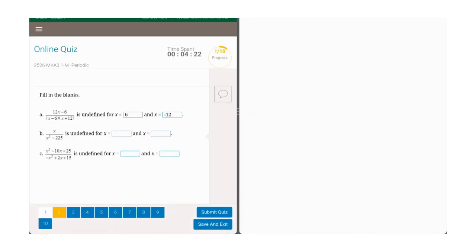For the next expression, we have x over x squared minus 225. Here we need to first factor the denominator so that it could be in simplest form. Here this is a difference of two squares, x squared minus 15 squared.